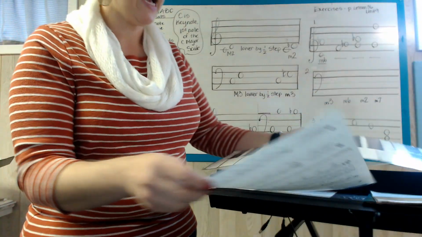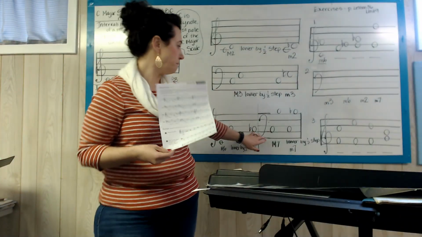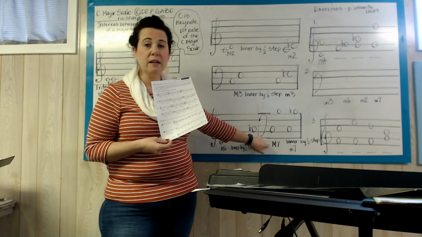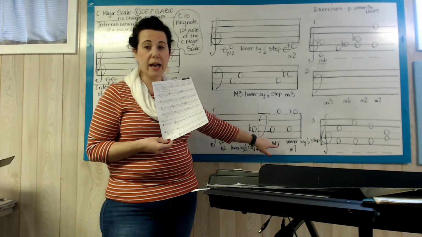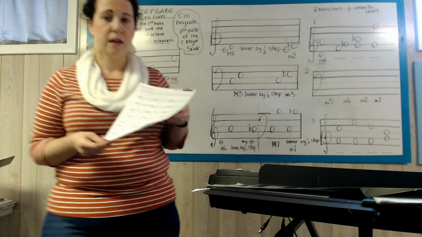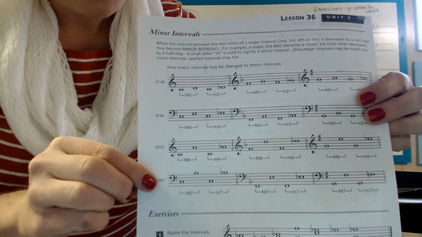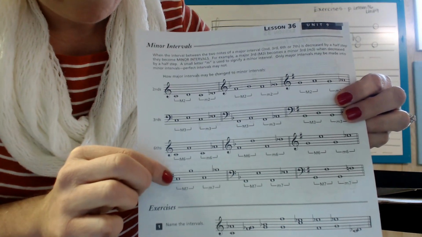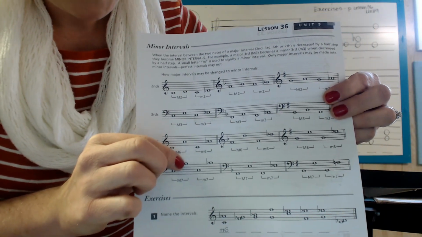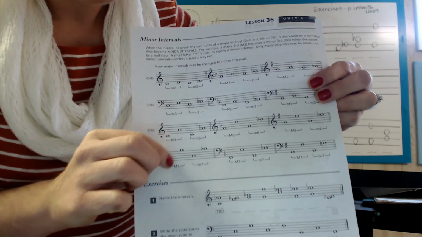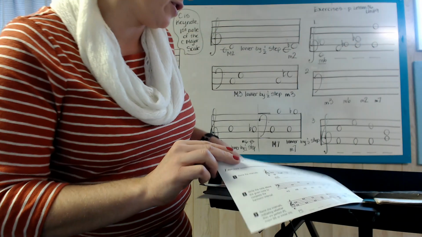Okay, the last example we have here, we're working on major sevenths, lowering it to become a minor seventh. Okay, so on the page here, we have a C in the bass clef to B. C, B. Yeah, that's quite the interesting interval.